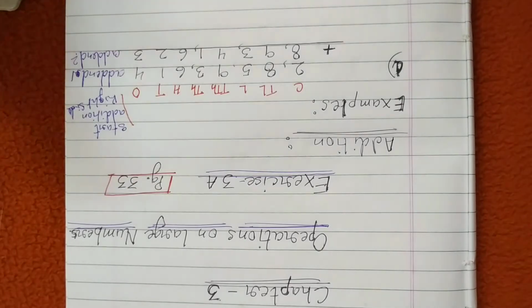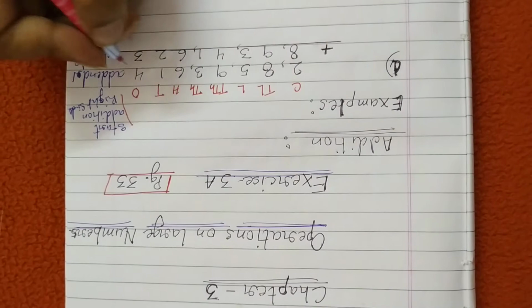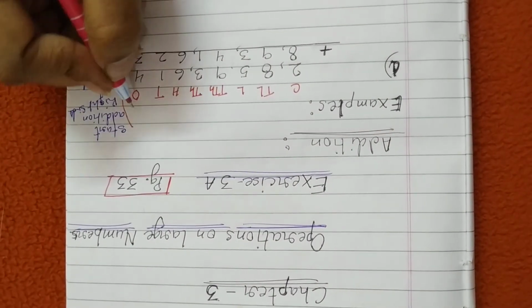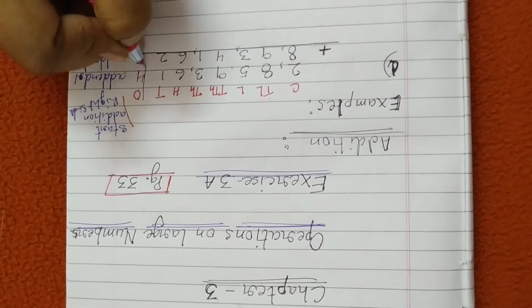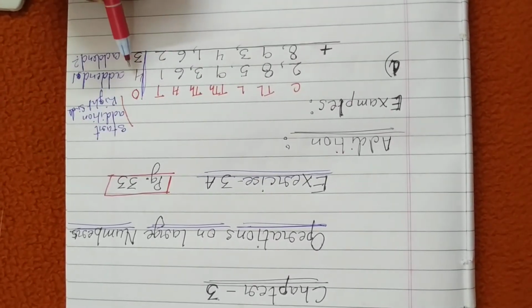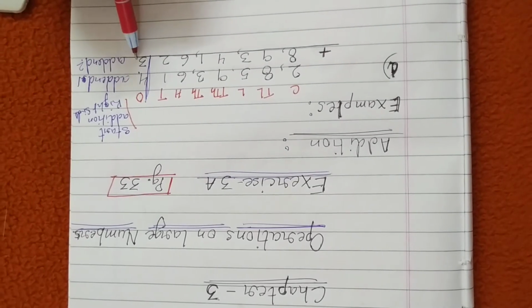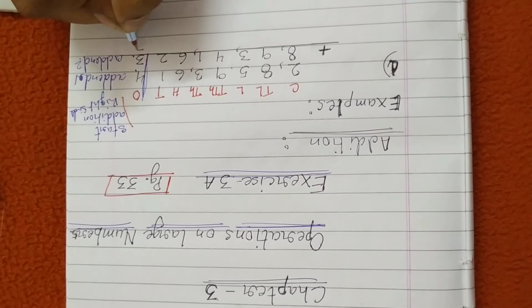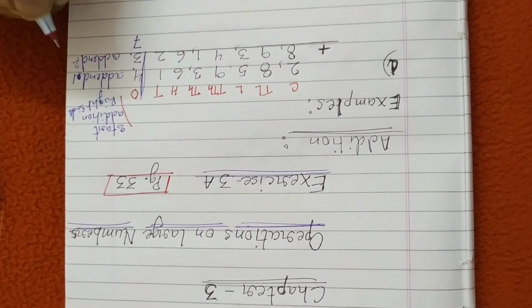Now let's start addition from the right hand side, that is from the ones column. What are the 2 digits in the ones column? 4 and 3. 4 plus 3, 7.